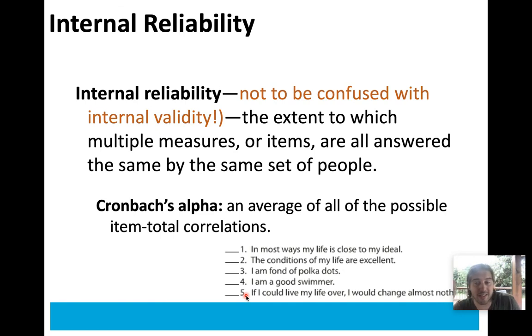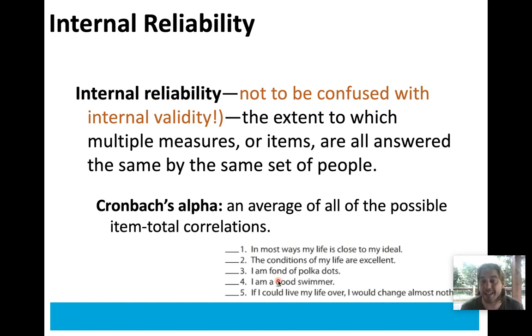If you respond with a 7 or a 6 on one of those, you should respond with a high number on the others. Versus polka dots and being a good swimmer, which shouldn't really have anything to do with your life satisfaction. And so we should find that the answers to those questions don't really correlate with the answers to the life satisfaction questions.